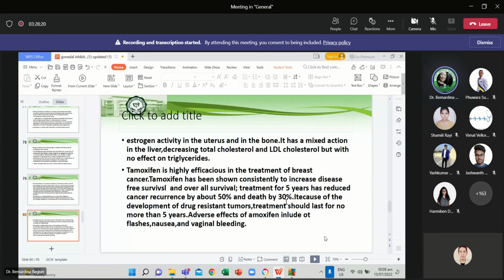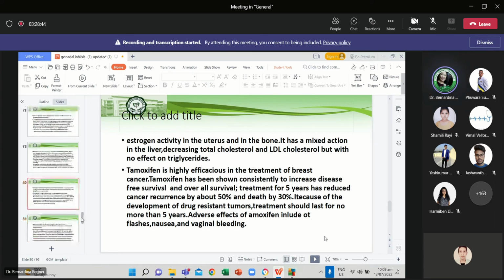Because of the development of drug-resistant tumors, treatment should last no more than 5 years. Adverse effects of tamoxifen can include flushes, nausea, and vaginal bleeding. Okay, so that is tamoxifen. What is tamoxifen? Classify tamoxifen.